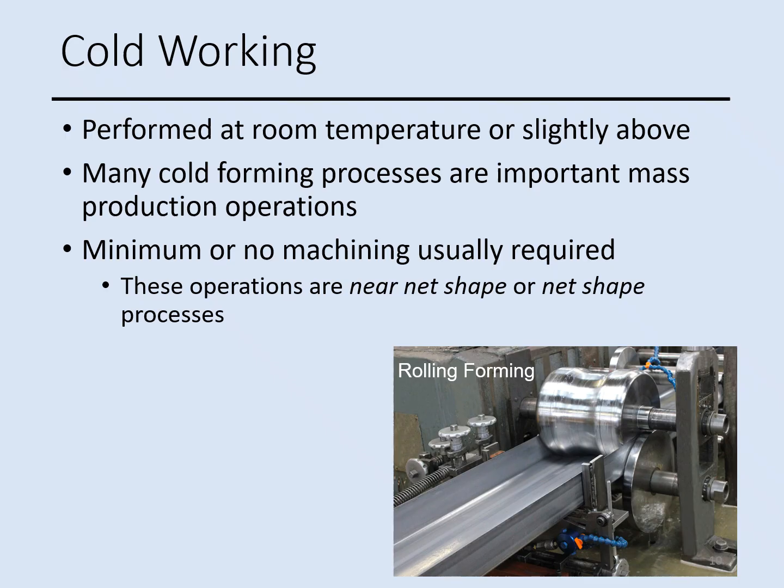When we do cold working, we normally have no machining processes, or maybe a small amount of machining is required. They are called near net shape. So once the process is done, it's ready for use.